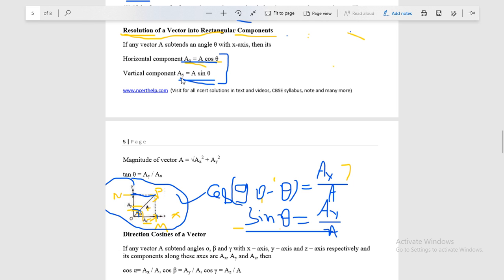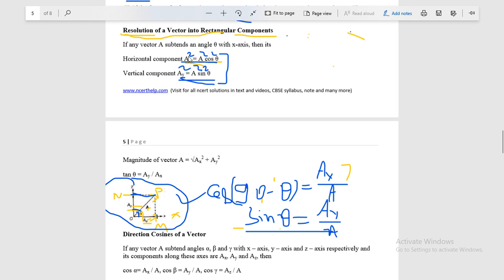Similarly AY square is equal to A square sine square theta, right?